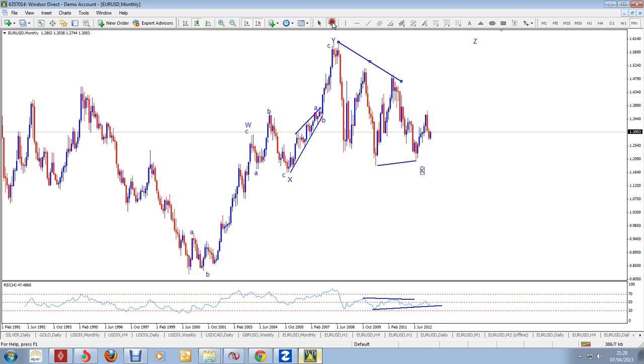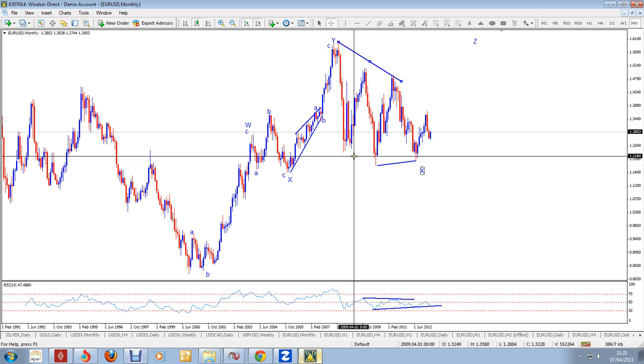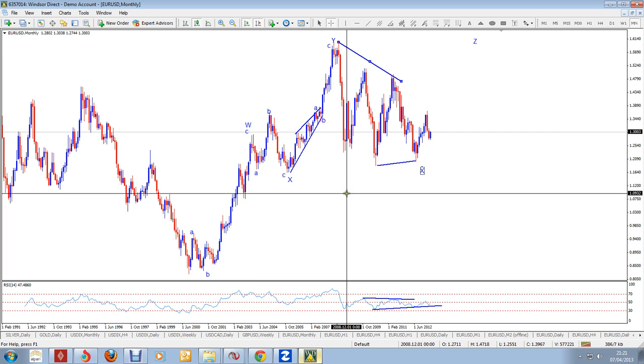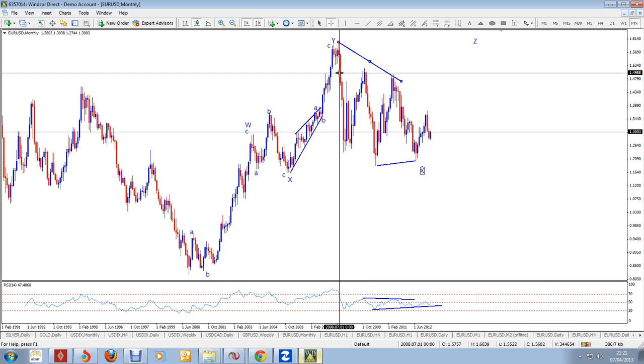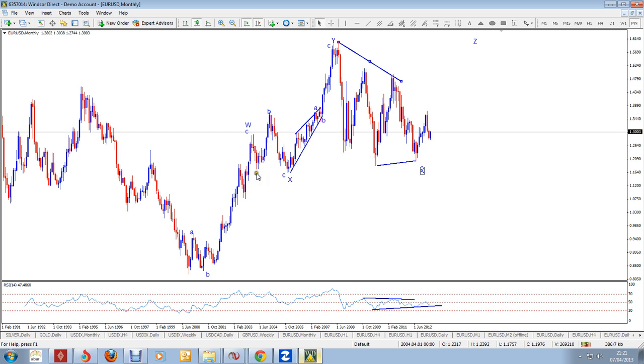And the reason for that is because with a triangle, it must have 3 swings, each of 3 swings, every swing will be 3 in other words. So here if you drop down to weekly, you would notice that the first swing down is A, B and C, okay. So that one gives us wave A.